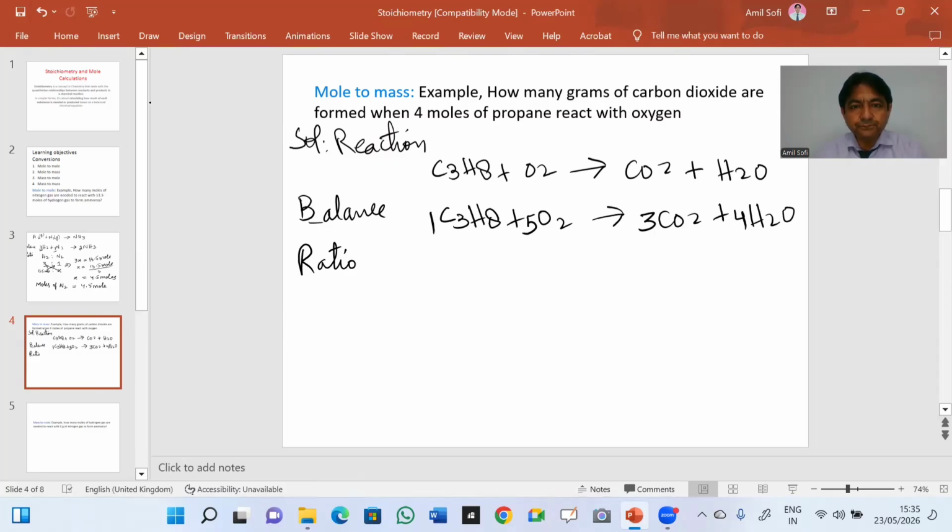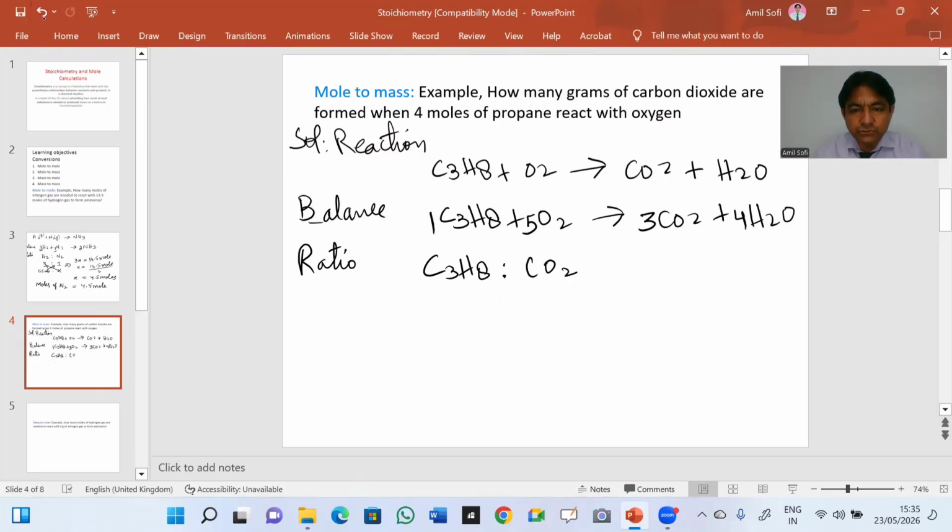So I will write here the ratio for propane, C3H8, is to CO2. Sorry, I have written it as CO3; it is CO2.